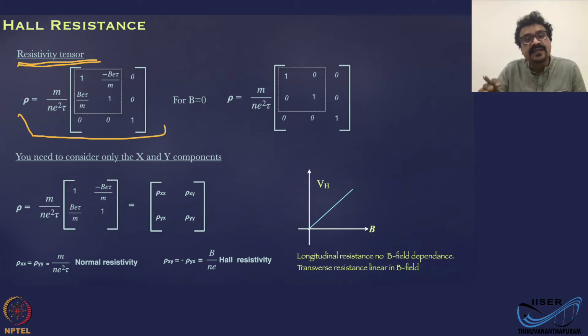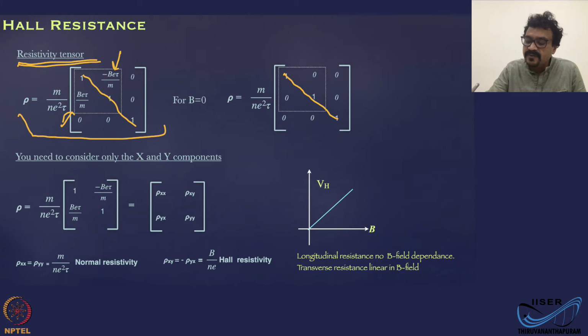So it's a 3 by 3 matrix. m by ne squared tau is the resistivity when you have no B field, or when the B field is 0, and this is an isotropic quantity when you don't have any B field. The moment you turn on the B field, you're going to get off-diagonal components, which are proportional to the B field. The diagonal ones are independent of the B field.